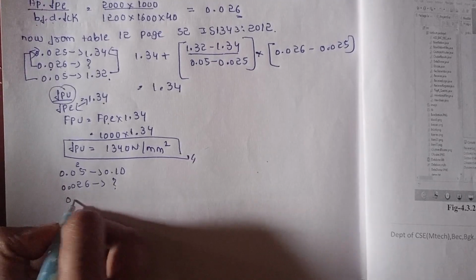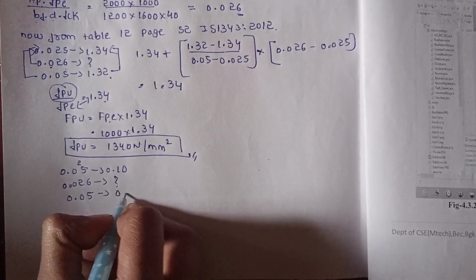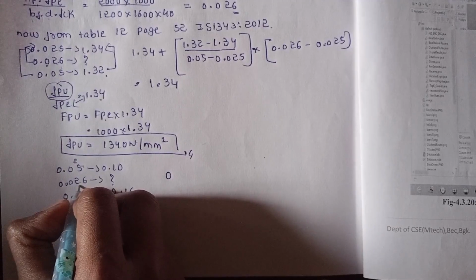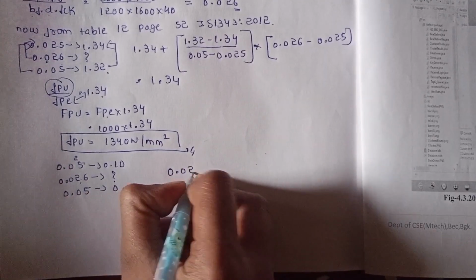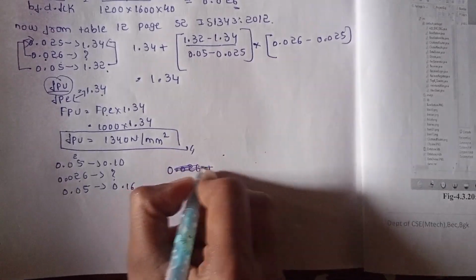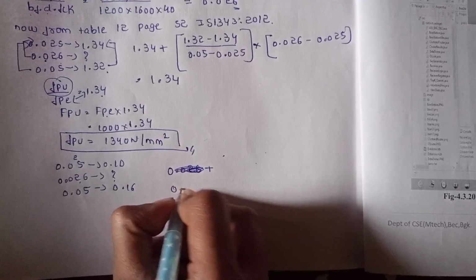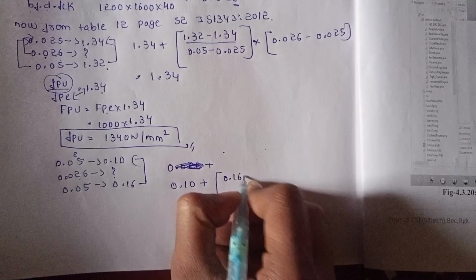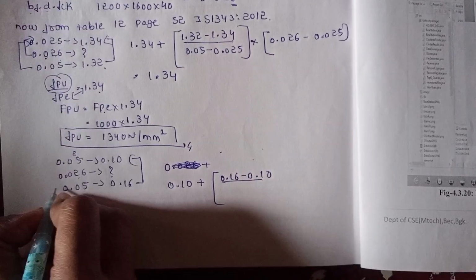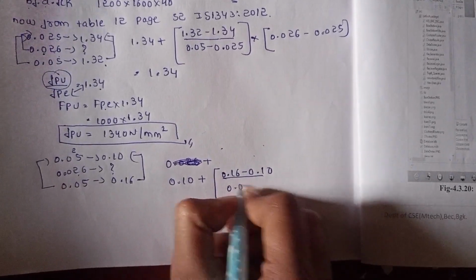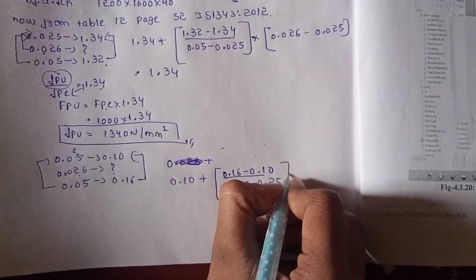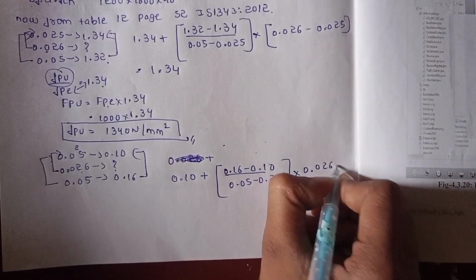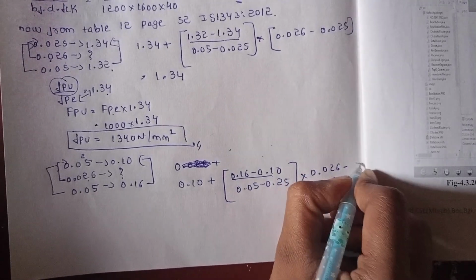Again with the help of interpolation we find the 0.026 corresponding value: 0.10 plus bracket open this value minus this value, 0.16 minus 0.10, divided by this value minus this value, 0.05 minus 0.025, bracket close, into this value minus this value, 0.026 minus 0.025, bracket close.